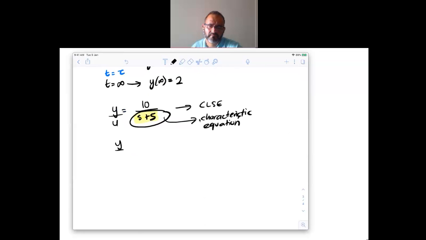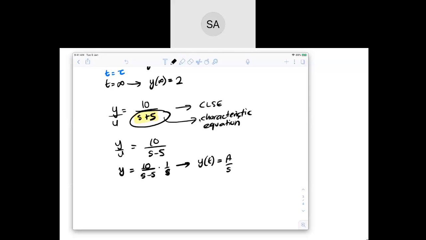So if my Y over U equals 10 over s minus 5, and I apply a step input to it, I will get Y equals 10 over s minus 5 multiplied by 1 over s. Then I do the Laplace transform, and I will get Y(s) equals a over s plus b over s minus 5.